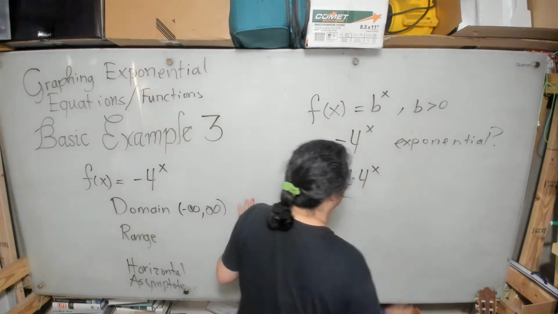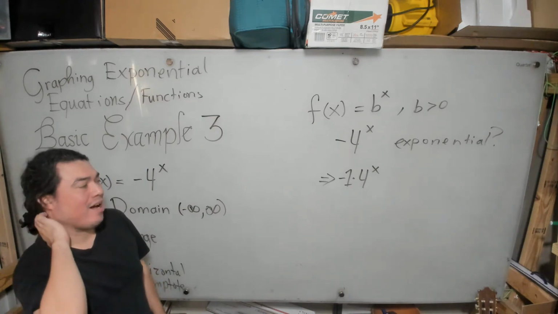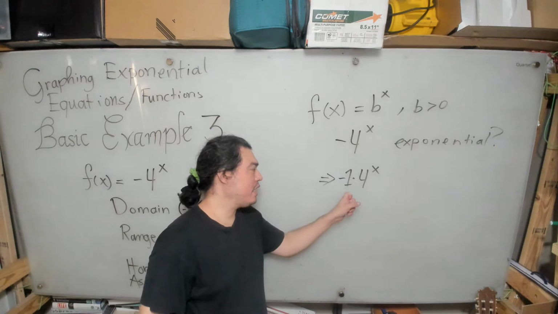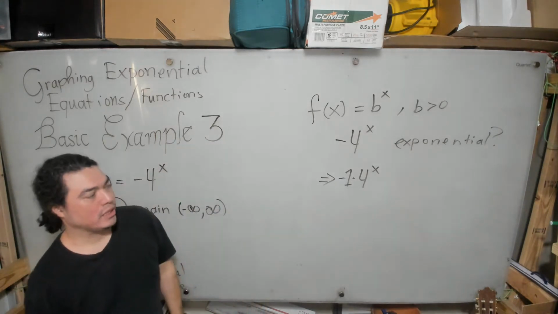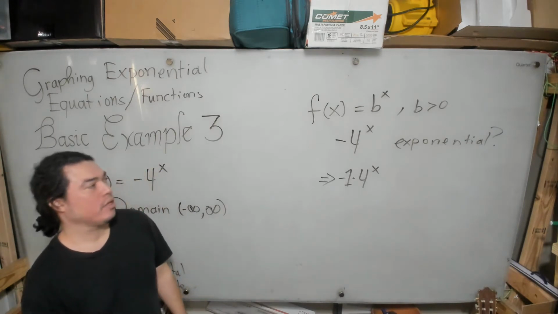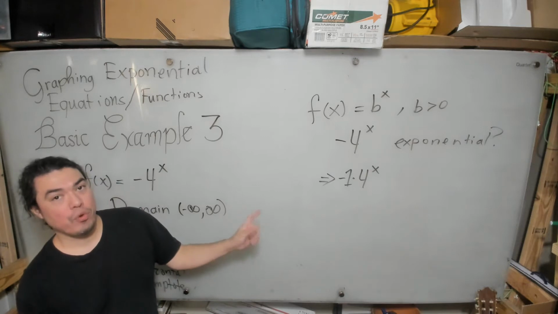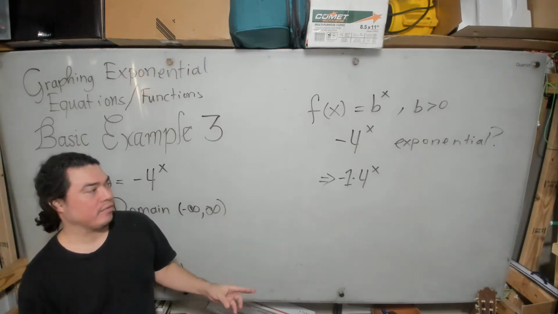And so what this actually is, is negative 1 times 4 to the x power. And now you might say, okay, David, that doesn't change anything. Is the 4 positive or is it negative? I mean, is the base positive or is it negative?